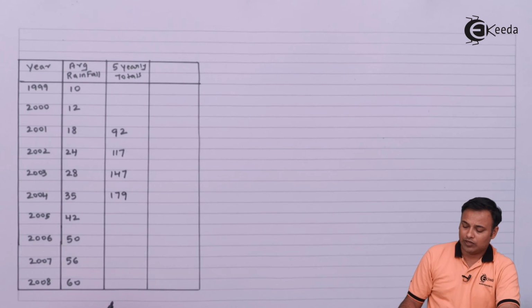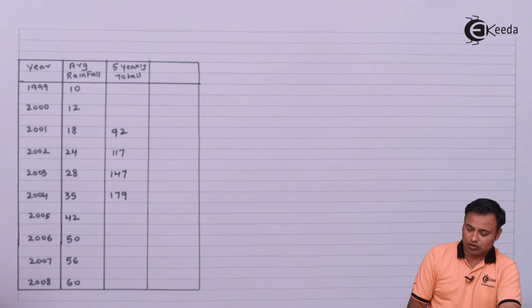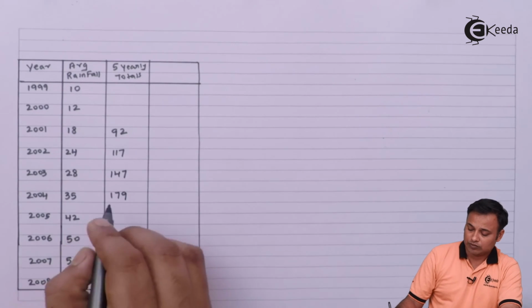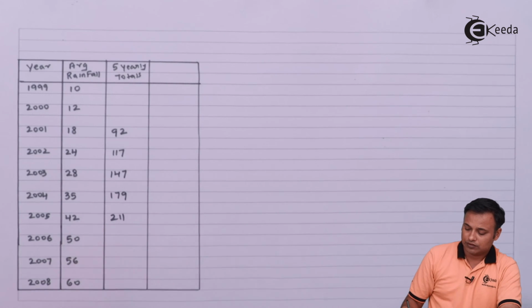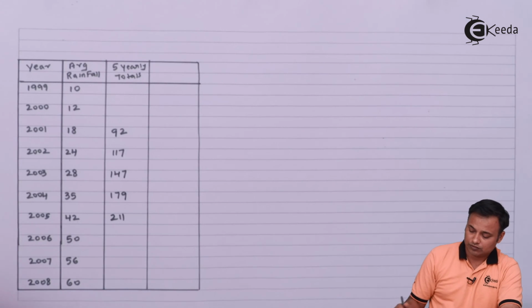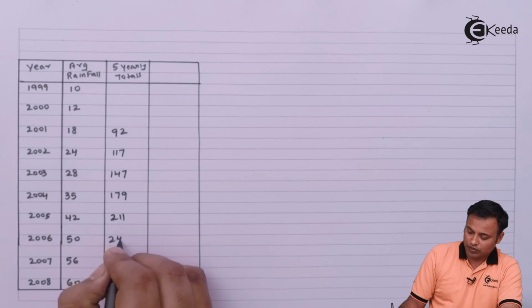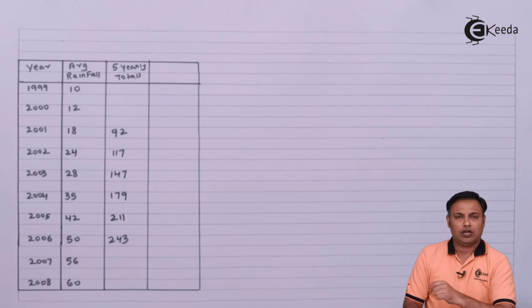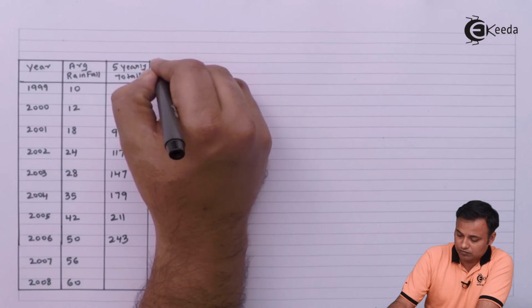The next will be addition of 56 and subtraction of 24, which comes to 211. The last will be addition of 60 and subtraction of 28, which comes to 243. Just recheck the numbers.